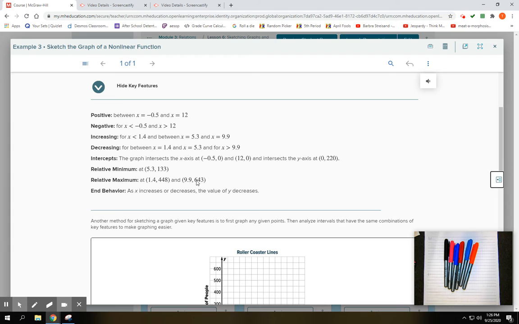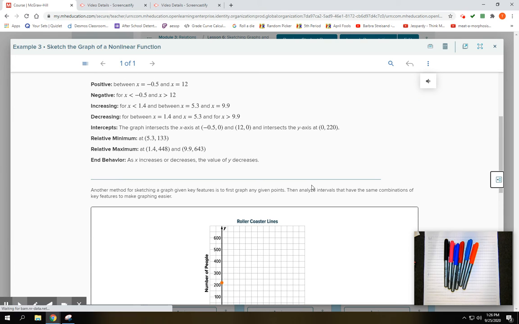So there's two relative maximums. The end behavior, as X increases or decreases, the value of Y decreases. So from this, I'm guessing that our graph is probably going to be one of these. But we'll see. That's my guess right now.